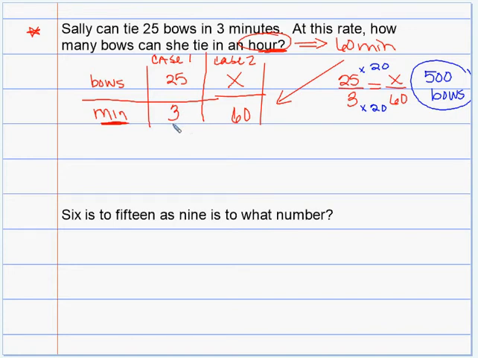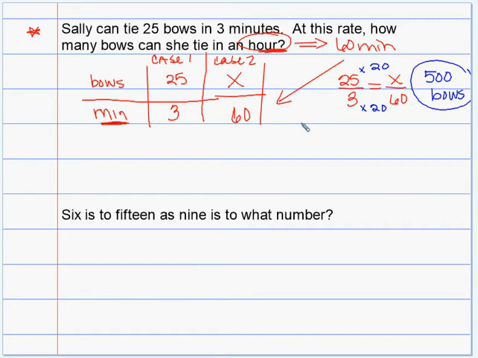Every 3 minutes, she can make 25 bows. So in 60 minutes or an hour, there are 20 times that we will make 25 bows. So I know that I would need to double it and then multiply it by 10. So that seems right. It's a rough guess.